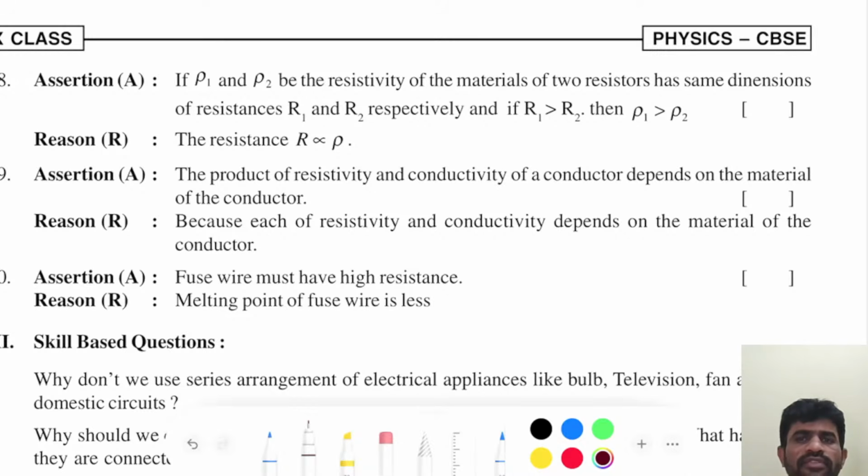If dimensions are the same, resistivity and resistance will change in the same manner. If they are different dimensions, resistance will change even though resistivity will not. Because they mention same dimensions, assertion is true and reason is also true.